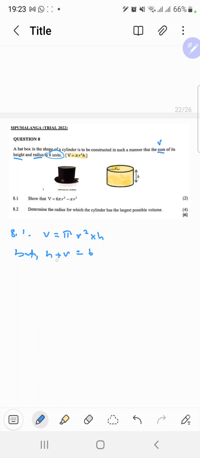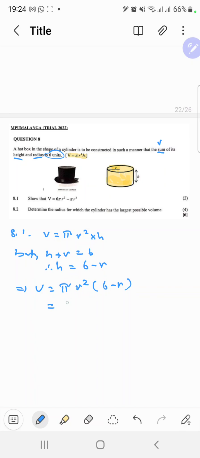So we can substitute: h is going to be 6 minus r. Then we put it back, which implies that V is going to be pi r squared into h, which is 6 minus r.